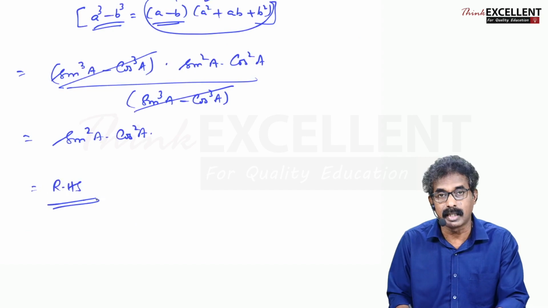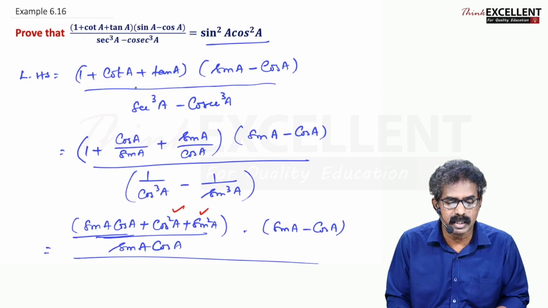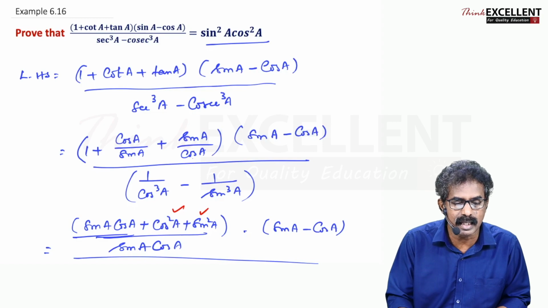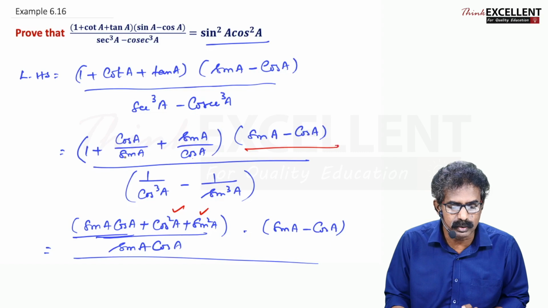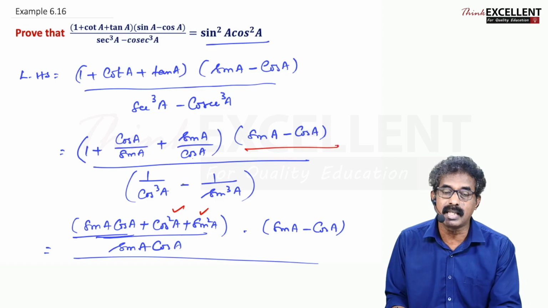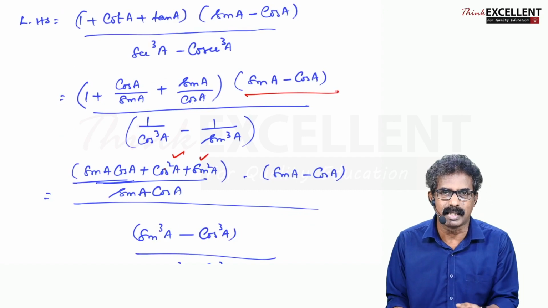I'll explain this once again. Please listen, but you write and practice, okay? We start with LHS. Change everything into sine and cos. The second factor, sine A minus cos A, don't change, write as it is. The first one you take LCM, denominator also you take LCM. After that, sine square A plus cos square A, normally we immediately write it as 1, right?